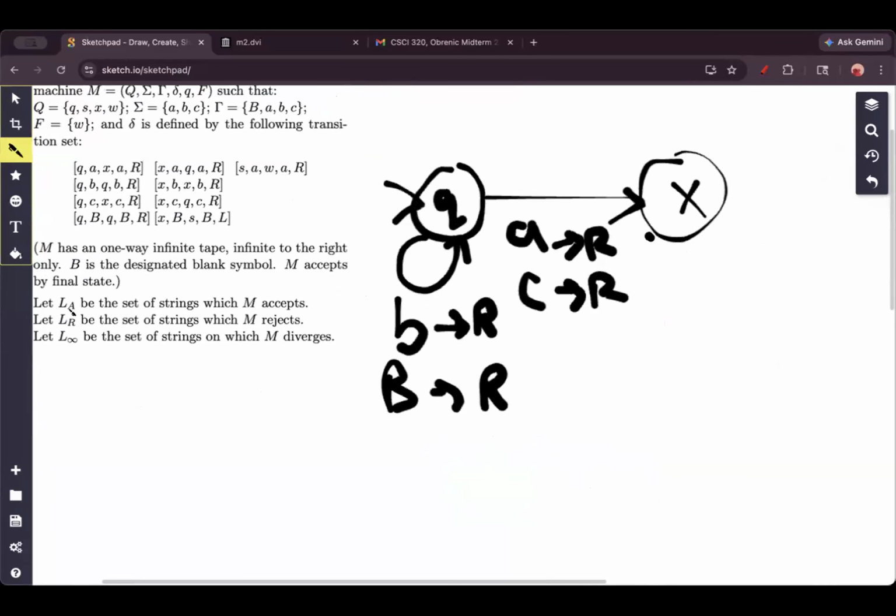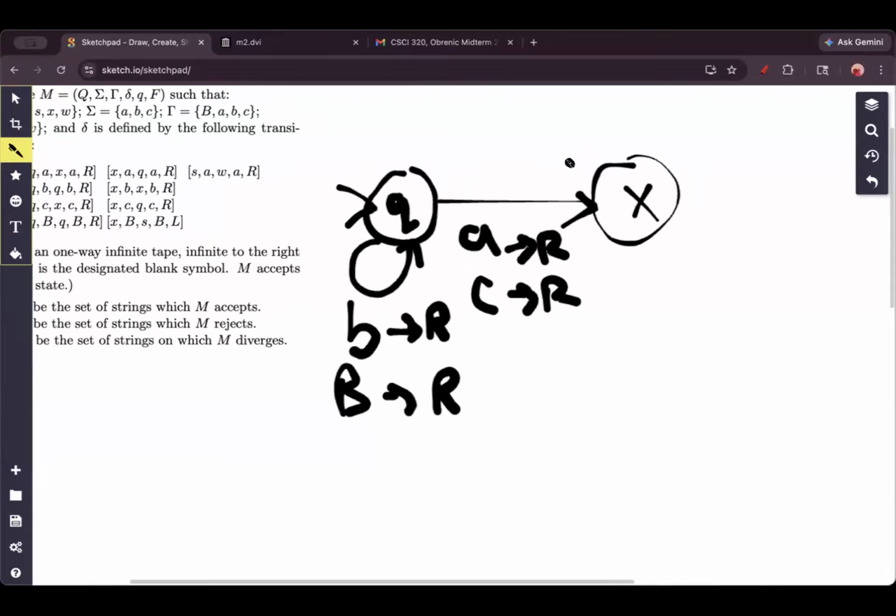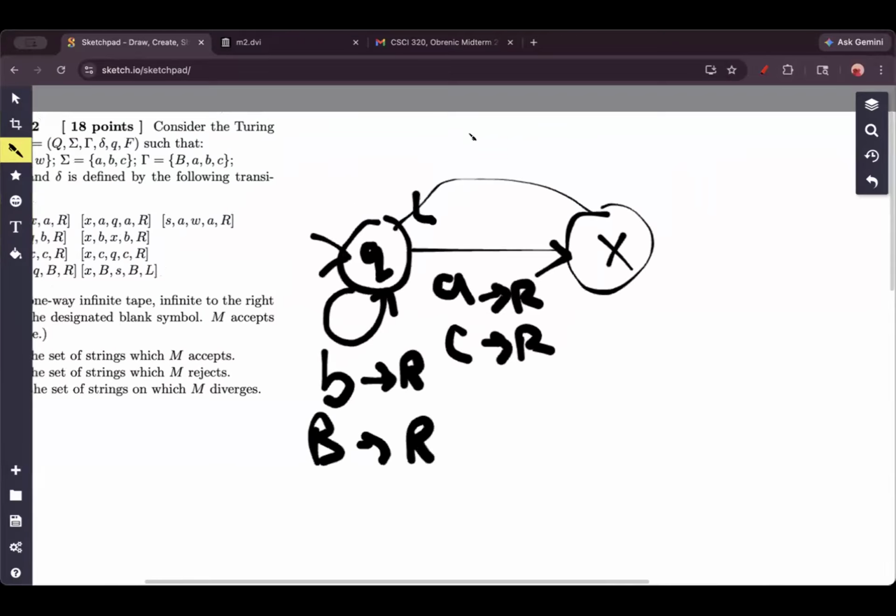Okay, we're done with Q. I got A, B, C, and then blank. And then I'm in state X right now. In state X, I see A, I go back to Q, and then I turn right.